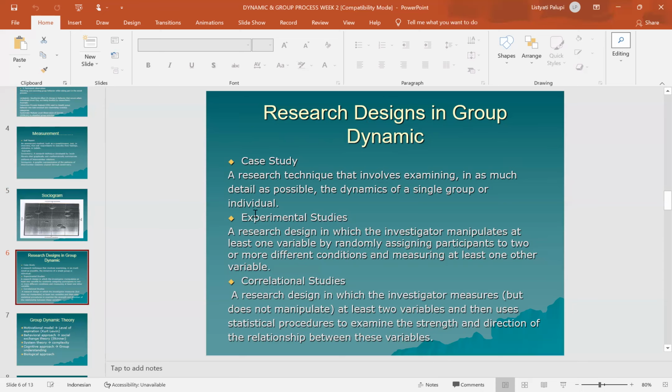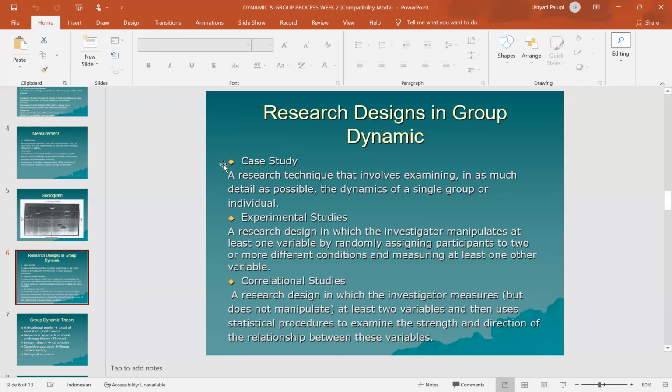As I've already described, case study is a research technique that examines one single group, in the context of group dynamics, of course, one single group.